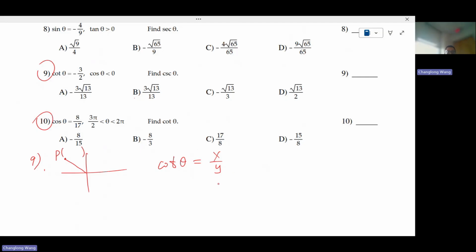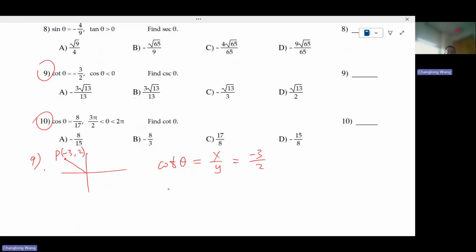Okay. So now, what do I want for the ratio? So I want 3 over 2. So x needs to be 3, right? Y needs to be 2. But one of them has to be negative, right? But in the second quadrant, x is negative, right? So now I'm going to make the 3 a negative 3. Make sense? All right, so that's why this is negative 3 over 2, right? That's indeed what I want.